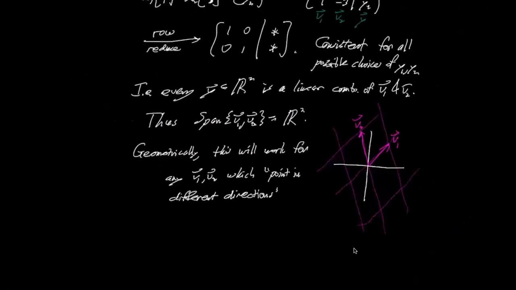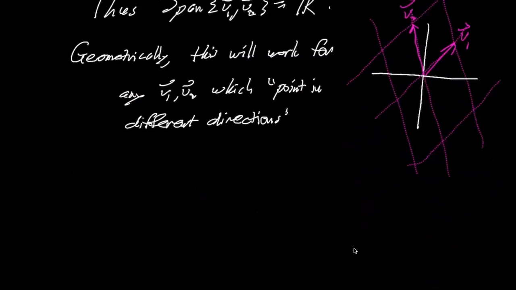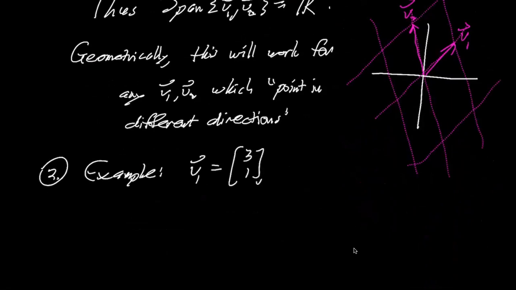So that's one case, but let's do a different case now. For the second case, let me do an example again. Let's say v1 is the vector (3, 1) and v2 is the vector (-6, -2).